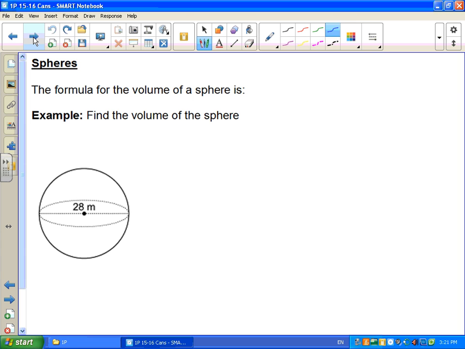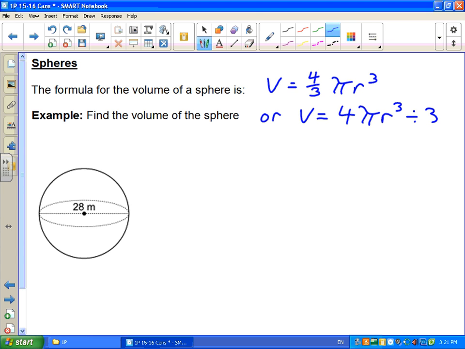So for instance, if we're looking at a sphere here, the formula for the volume of a sphere, if you look it up on your formula sheet, it might say something like volume equals 4/3 pi r cubed. And instead of thinking of that as 4/3, some people find it easier to think of it as the volume is 4 times pi times r cubed divided by 3.